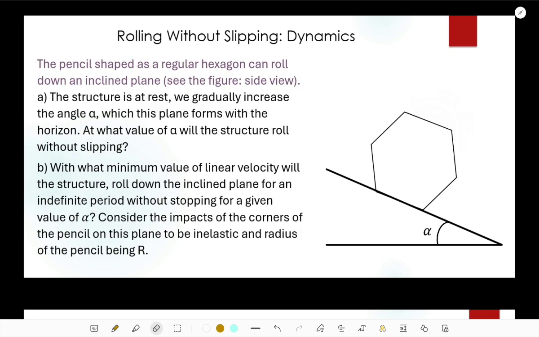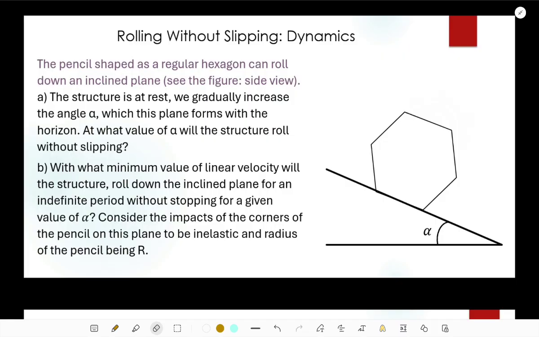So collisions are inelastic, and I know that corners are going to strike the inclined plane, and these impacts must be inelastic. And the radius of the pencil being r, this is to solve the second part of the problem.